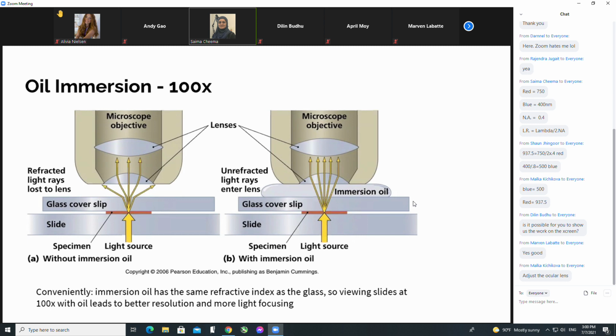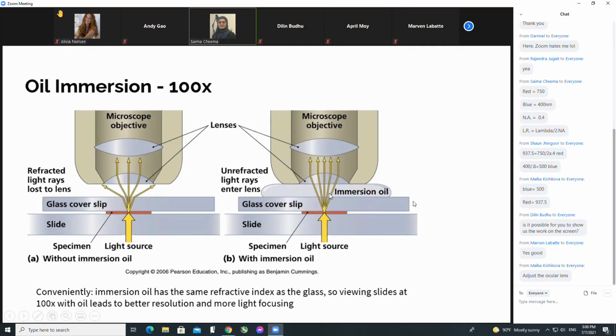Refractive power is basically the ability of a medium to bend light. So what that means is that when light enters the glass, whether it's a cover slip or slide, and then exits it and enters the oil, because the refractive power is the same, light acts as if it's still going through glass. It treats the oil the same as the glass cover slip.